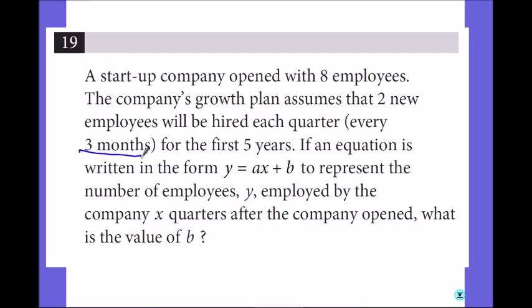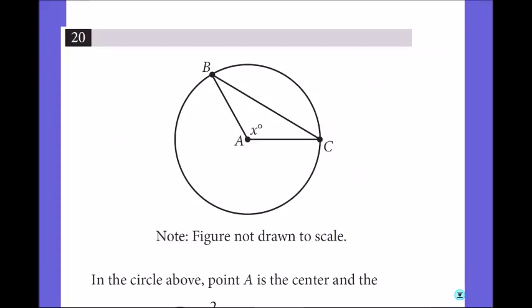If a linear function, y equals mx plus b, represents the number of employees, y, employed by the company x quarters after the company opens, what is the value of b? So what did it start with, right? It started with 8 employees. So it is just 8. We don't need the slope. It's just asking for the initial value, the y-intercept.